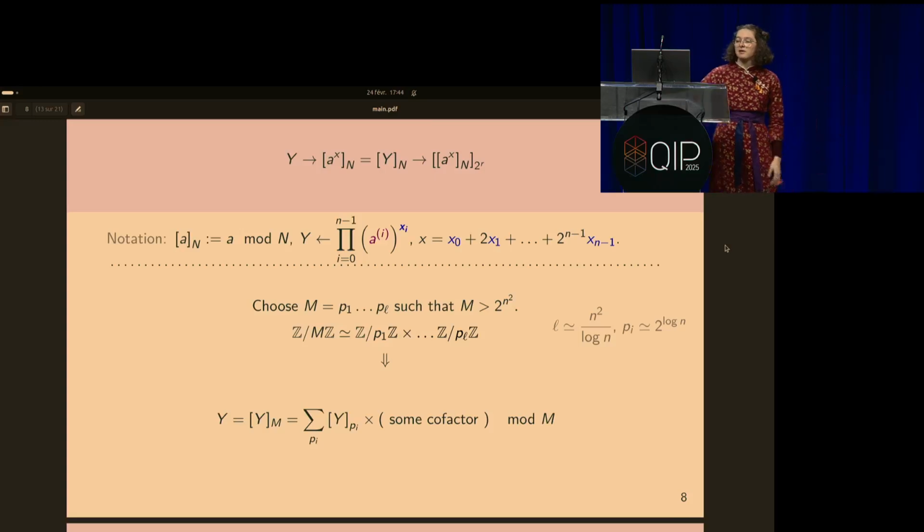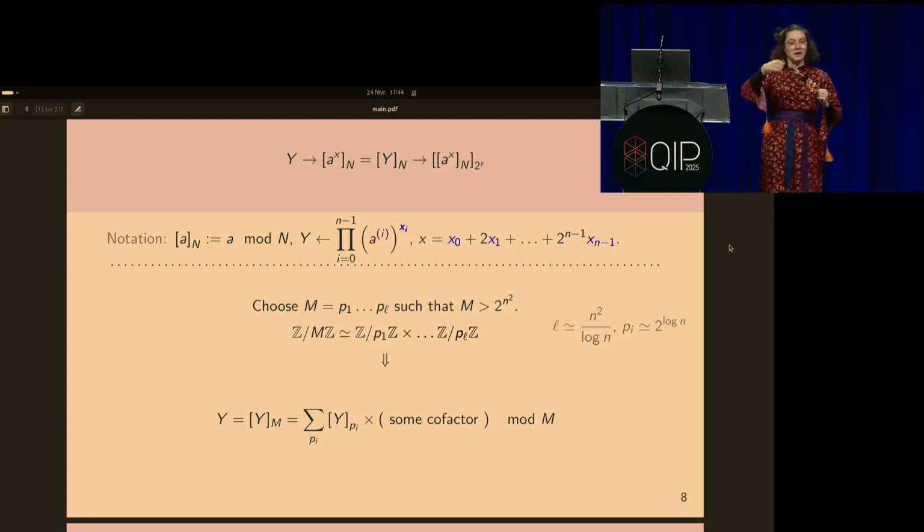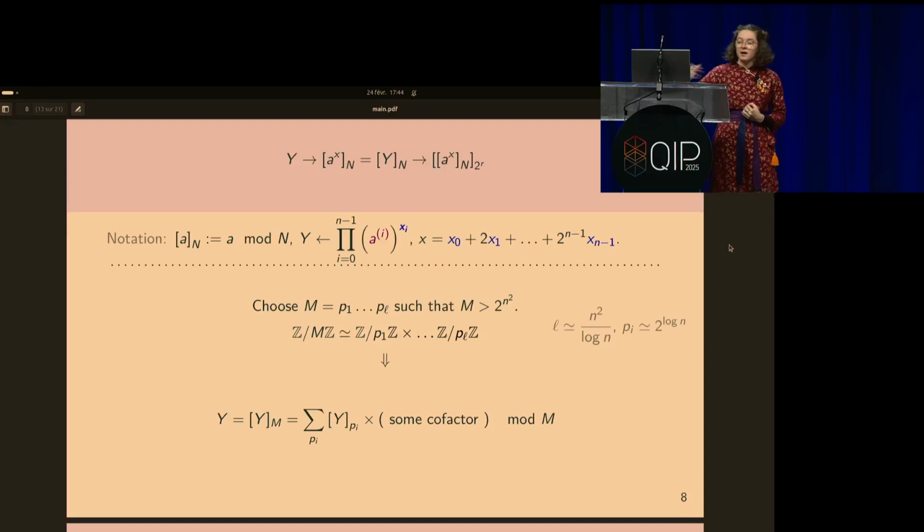And because of that and the Chinese remainder theorem, we can write y modulo big M as a sum over the prime factors of big M of y modulo p_i times some cofactor that depends on the said theorem. Also, because M is always bigger than y, y modulo big M is equal to y. So this gives us a way to compute the integer y we're interested in.